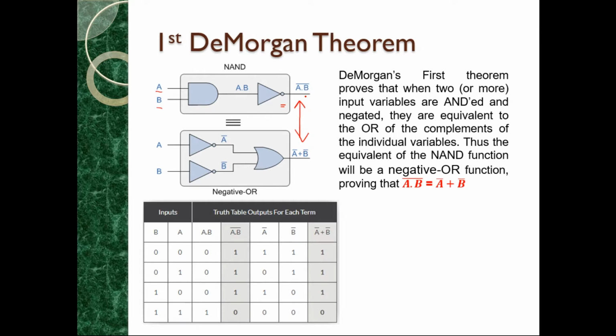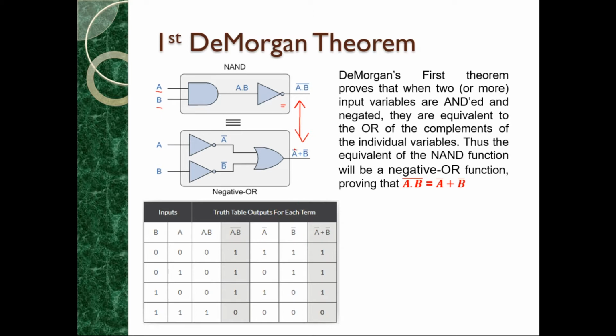We can prove this equivalence by using this truth table. You can see here we have two inputs A and B. This is the NAND gate and this is the individual complement OR gate by using the DeMorgan theorem. If both values are 0, the output will become 1, because A dot B is equivalent to 0 and when you negate it, it becomes 1.